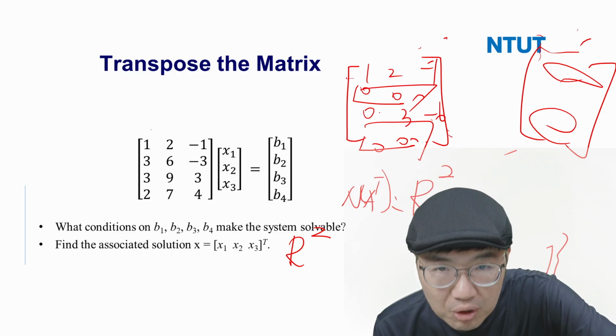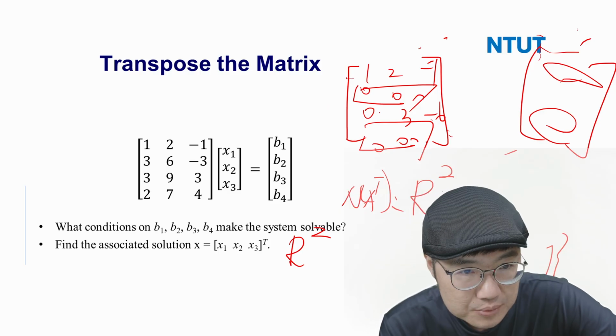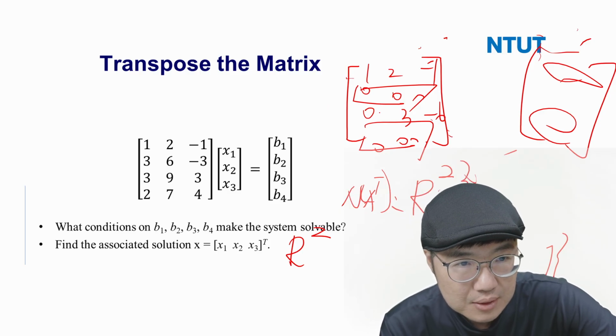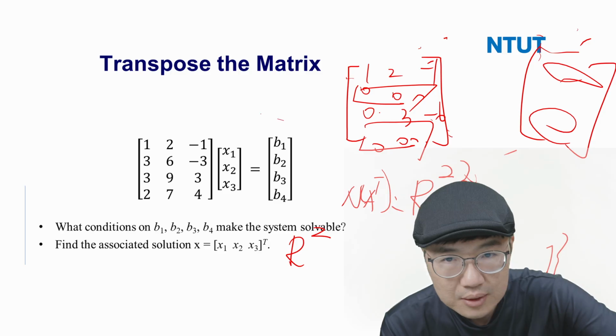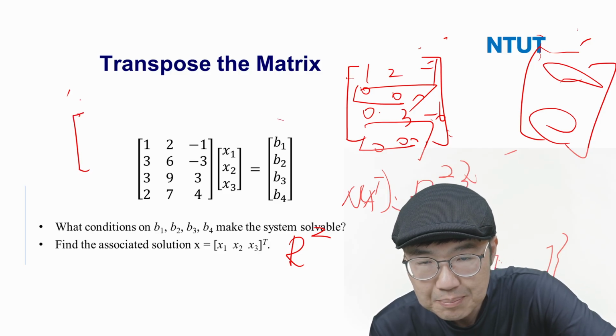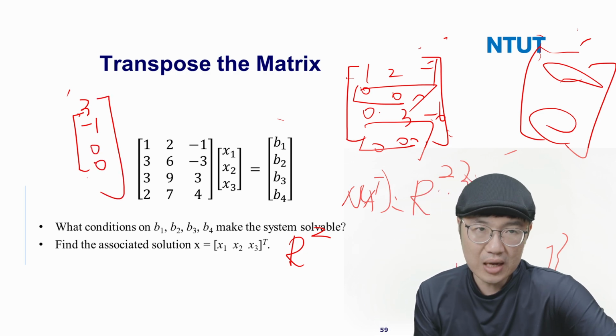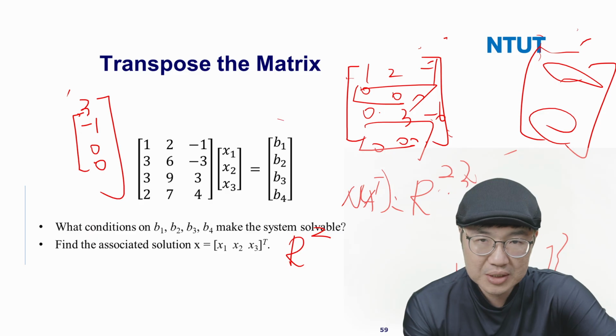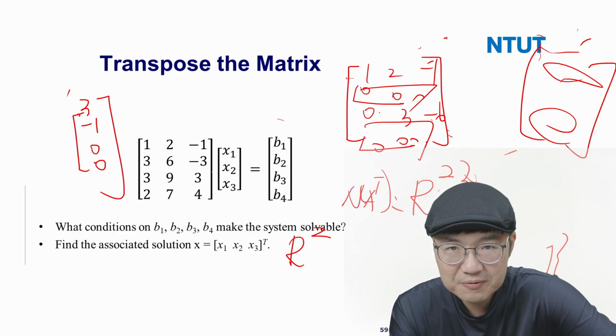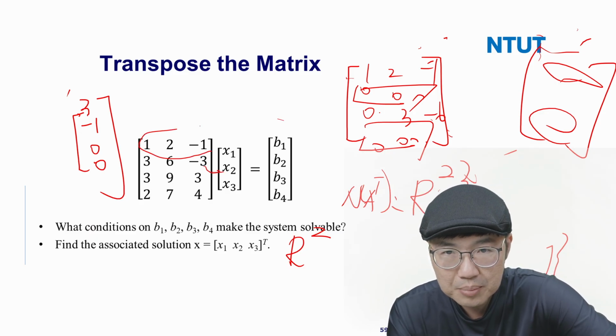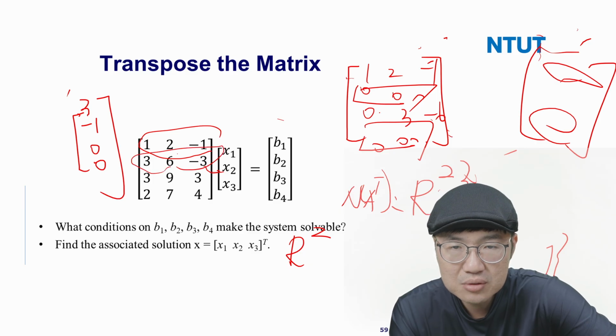Yeah, for example, I believe, let me write down here, I believe 3, minus 1, 0, 0 is a left null space vector because 3 times the first row plus minus 1 times the second row will be 0.